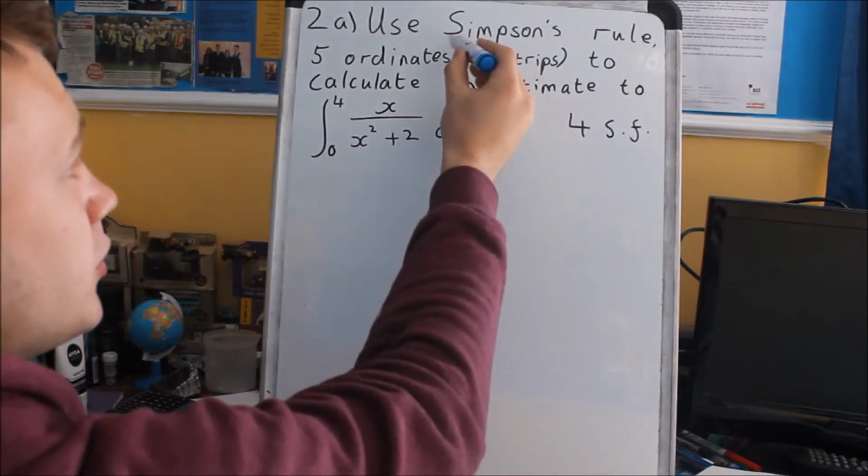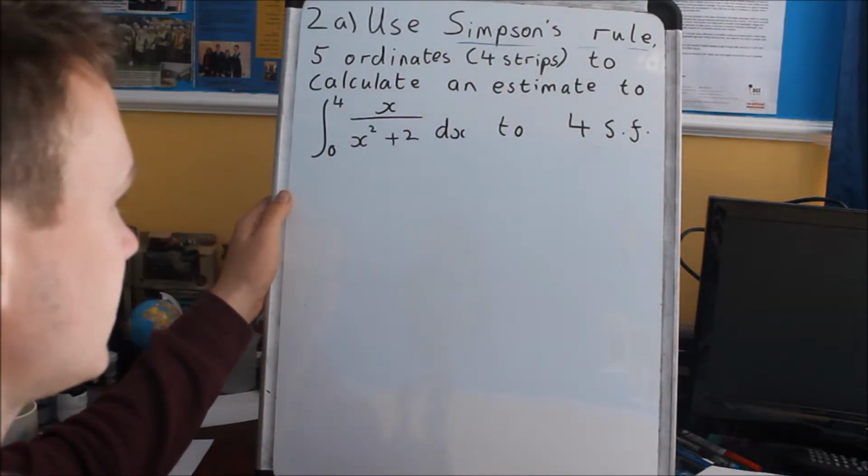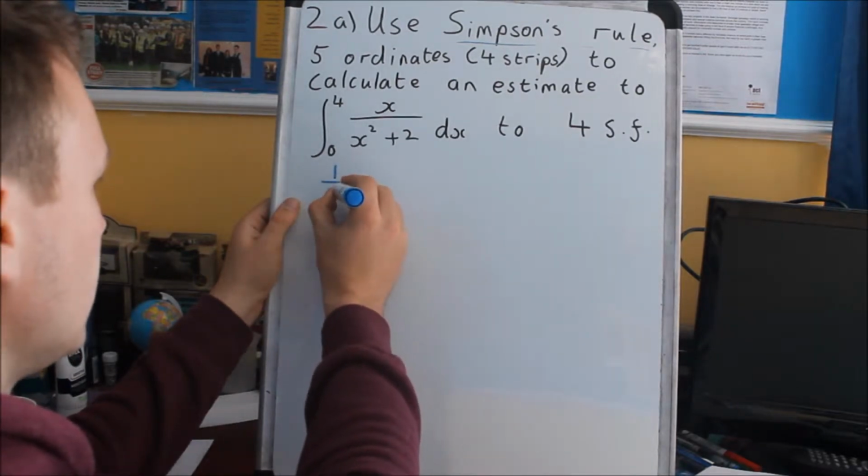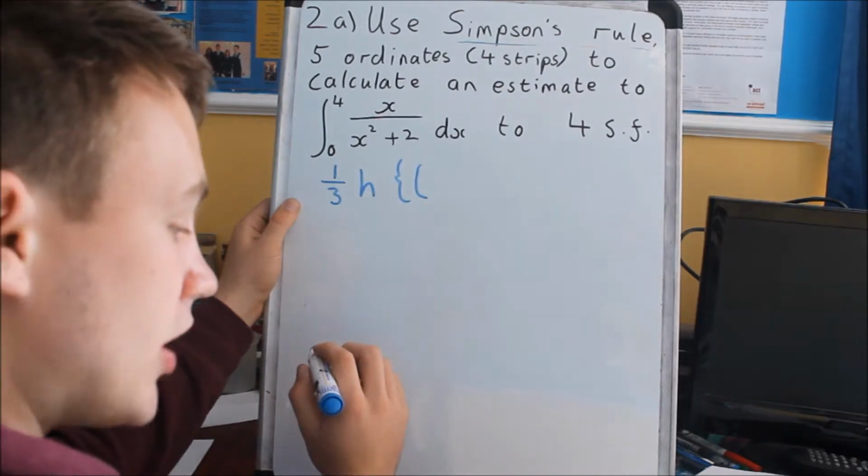So, it tells you in the question to use the Simpson's rule. A good first step would be to write out the Simpson's rule. It's in your formula booklet, but it might be useful just to write it down, and you might even get a method mark if they're being generous.